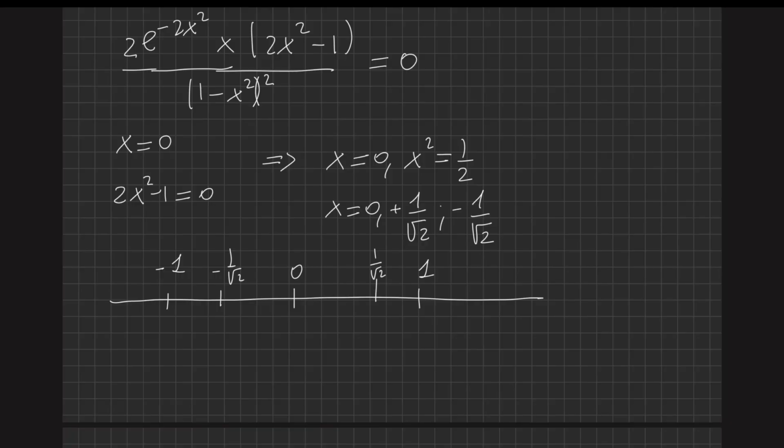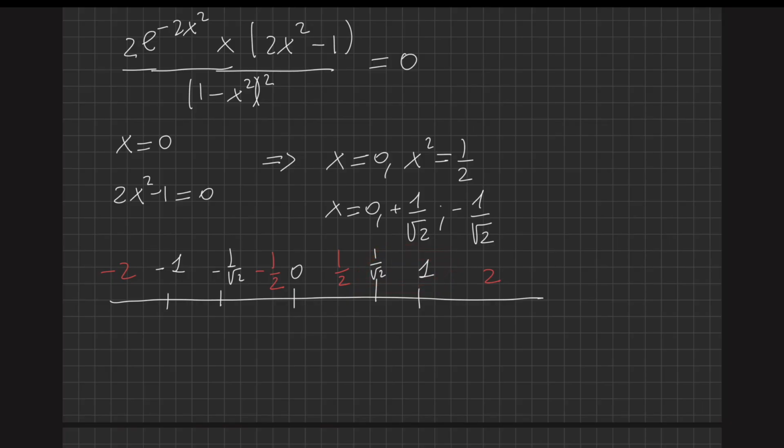So between 0 and 1 over square root of 2, there is the point 1/2. Same thing here, negative 1/2. After 1 we have 2, and before minus 1 we have minus 2. That's easy. Now the hard part is to find something between 1 over square root of 2 and 1.